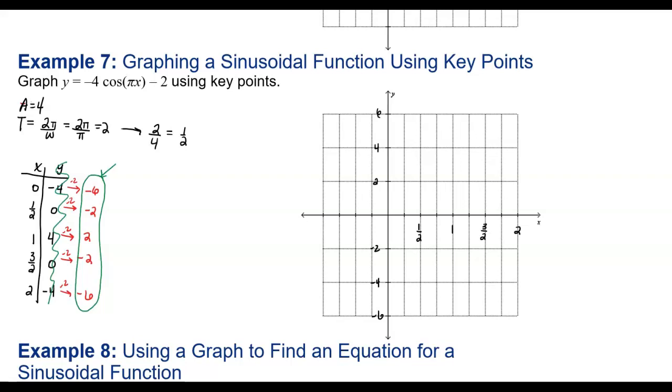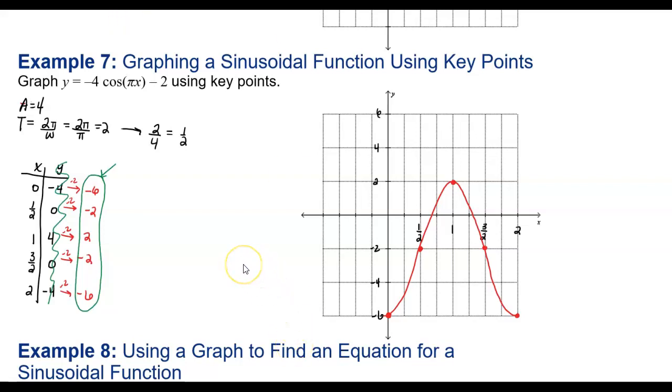So we get 0, -6, 1/2, -2, 1, 2, 3/2, -2, and 2, -6. Now when we graph this cosine function, we'll see the one period outlined.